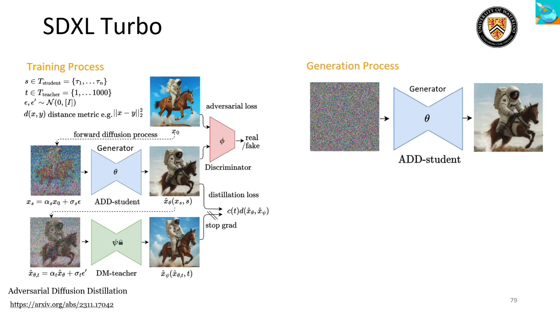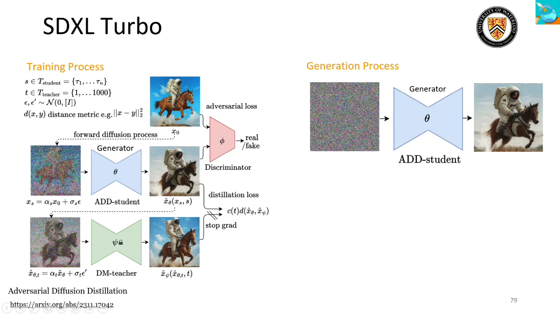This is very similar to the GAN methodology. But at the same time, the synthesized output is also added noise progressively again and fed into a teacher model, which is a frozen diffusion model, to try to generate again.